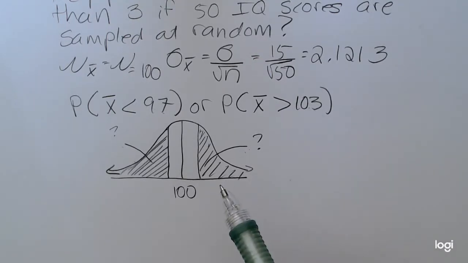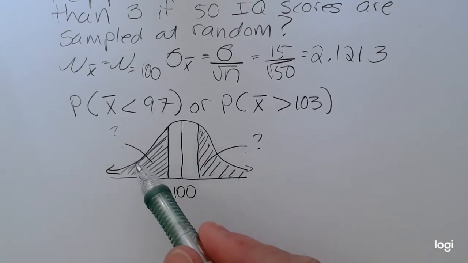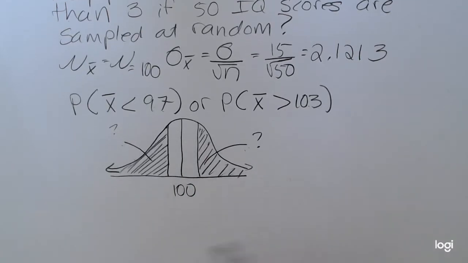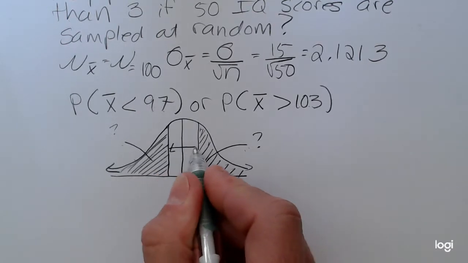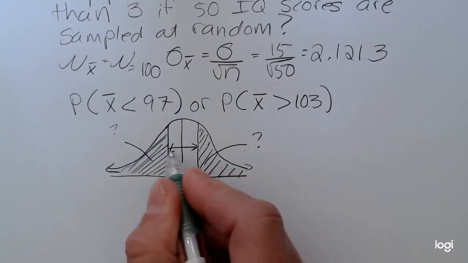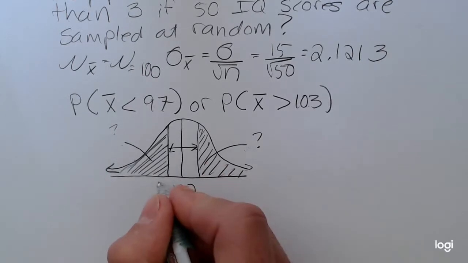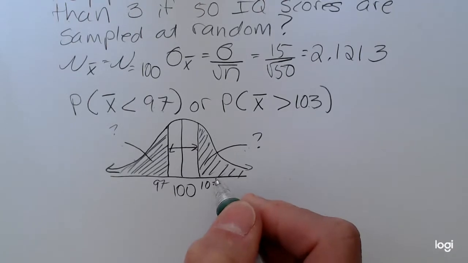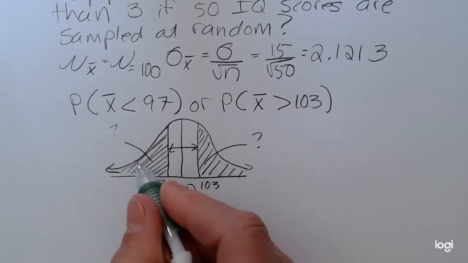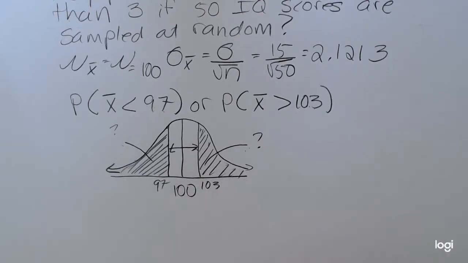Or I could recognize the fact that the total area under this curve is 1 or 100%. So I can use my calculator once, find this area between this lower bound and this upper bound, and then subtract that from 1, and that's going to give me the complementary area.